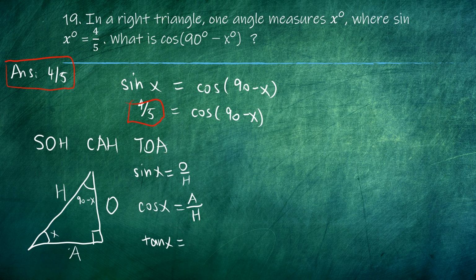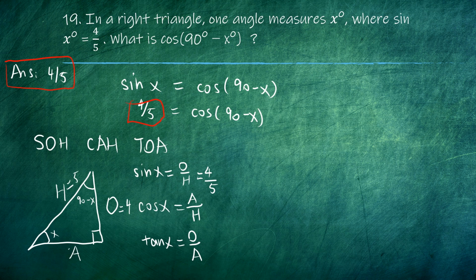Once we know that, let's look back into the problem. We know that sine of x is equal to 4/5. What that means is that the opposite is equal to 4 and the hypotenuse is equal to 5.